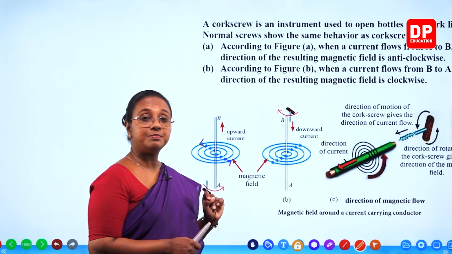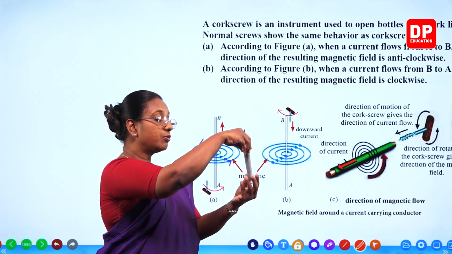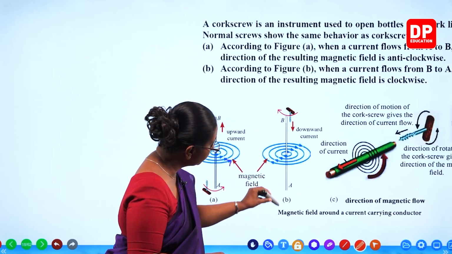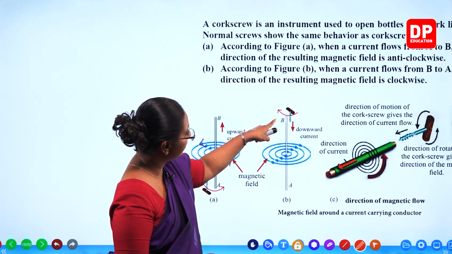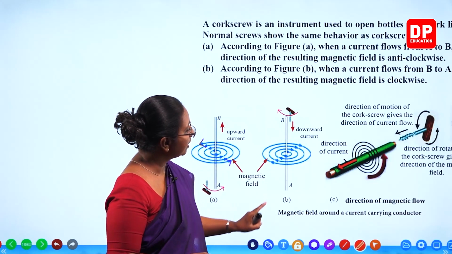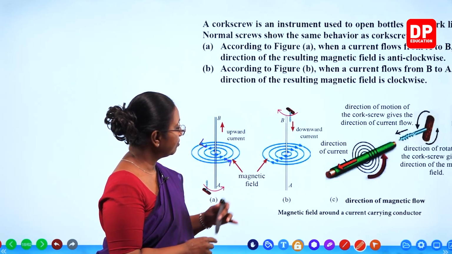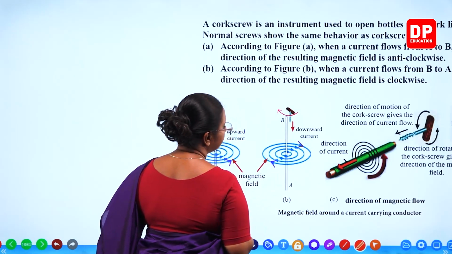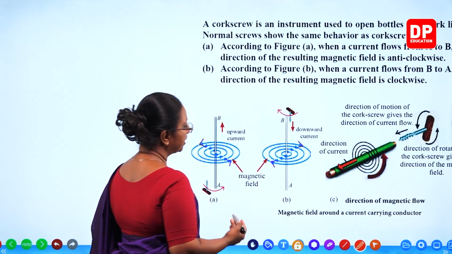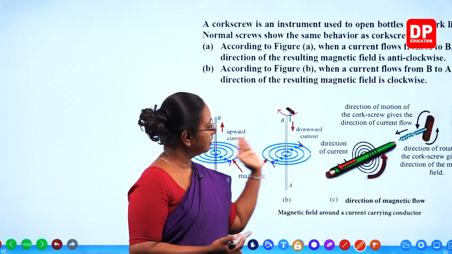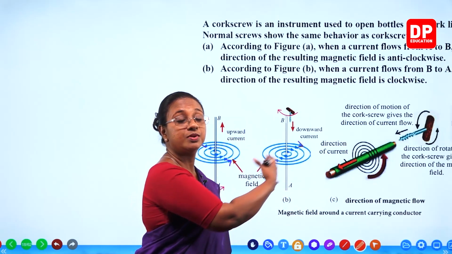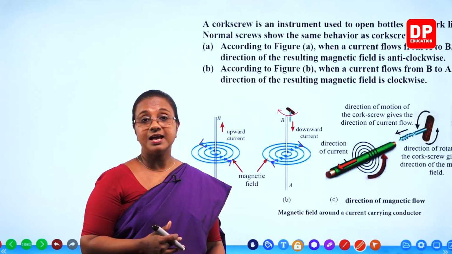Then look at diagram B. When you are rotating the corkscrew this way and the corkscrew is moving down, the current is flowing from B to A, downward current. Then you can see the magnetic field lines are like that. Below the conductor, the deflection of the compass is towards the right-hand side.